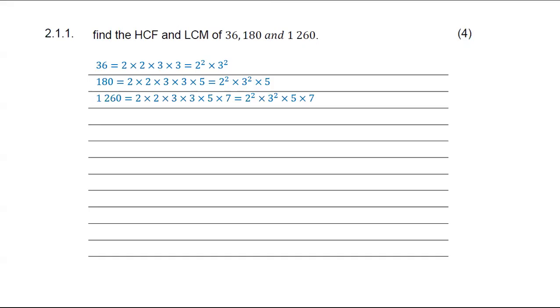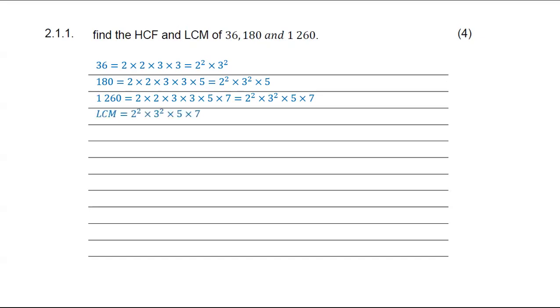So let's take 2 for example. The lowest exponent of 2 is 2. So 2 will be represented and its exponent will be 2. What about 3? Its exponent will also be 2. And 5, its exponent will be 1. And 7, its exponent will be 1.